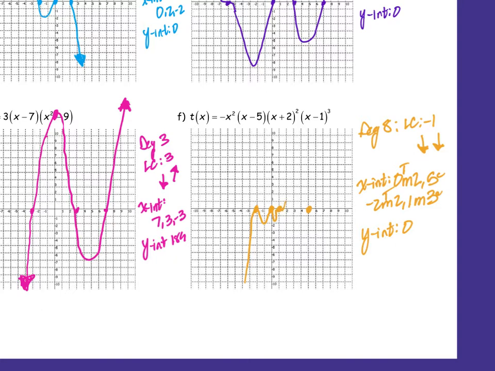There we go. I guess that's what it kind of looks like. I think my graphs are too close together for it to look kind of flat. Probably shouldn't go down so far. There we go. That's a little better. Okay, so that's kind of what that last one looks like.